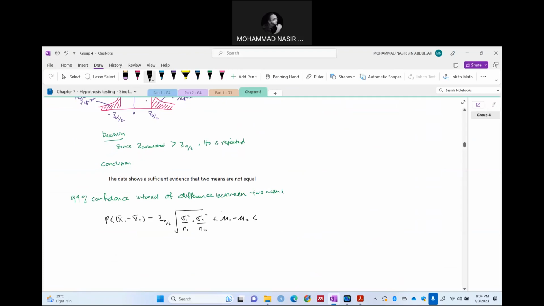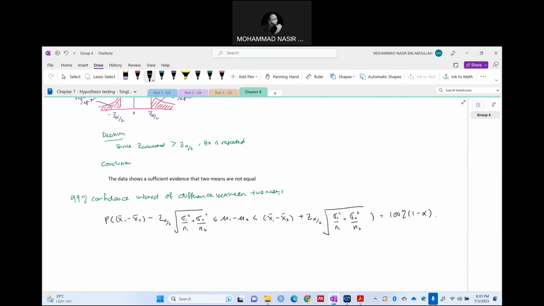So the same value will be on the right hand side, x bar 1 minus x bar 2 plus z alpha divided by 2 times the square root of sigma 1 square over n1 plus sigma 2 squared divided by n2. So this should be equal to 100% times 1 minus alpha. So this is the formula for the confidence interval, right? We already looked at it in the previous slide, right?